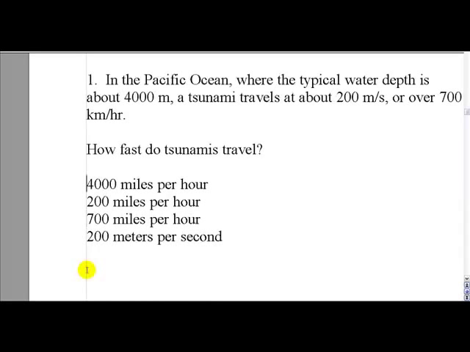Of course, your question is, how fast do tsunamis travel? So of course your best answer here is 200 meters per second or 700 kilometers an hour, but you do not actually have that choice. You'll notice it says 700, but it says miles per hour, not kilometers per hour. So D would be your best answer.